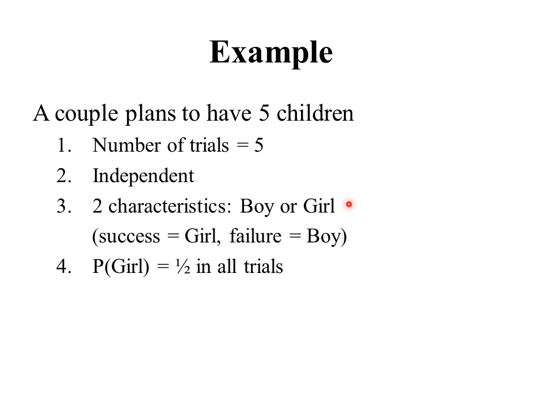They're either a boy or a girl. We'll call a success a girl and a failure a boy. Again, not saying that one is good and the other is bad. It just means that in this case we're interested in girls. And fourth, we'll assume that the probability of a success, or the probability of a girl, is 1/2 in all trials. So this scenario can be described by a binomial distribution.